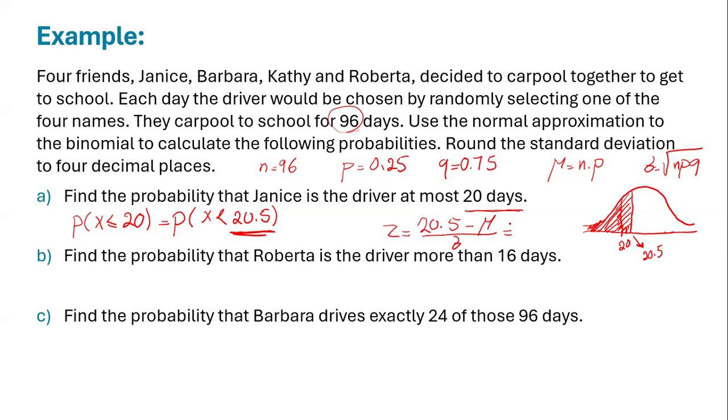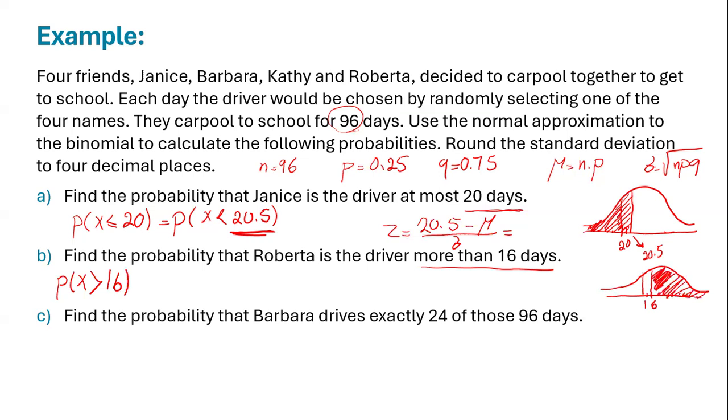For part B, it says find the probability that Roberta is the driver more than 16 days. More than 16 days means when x is greater than 16. When we have a normal distribution, if 16 is inside the bar, more than 16 means the area to the right.